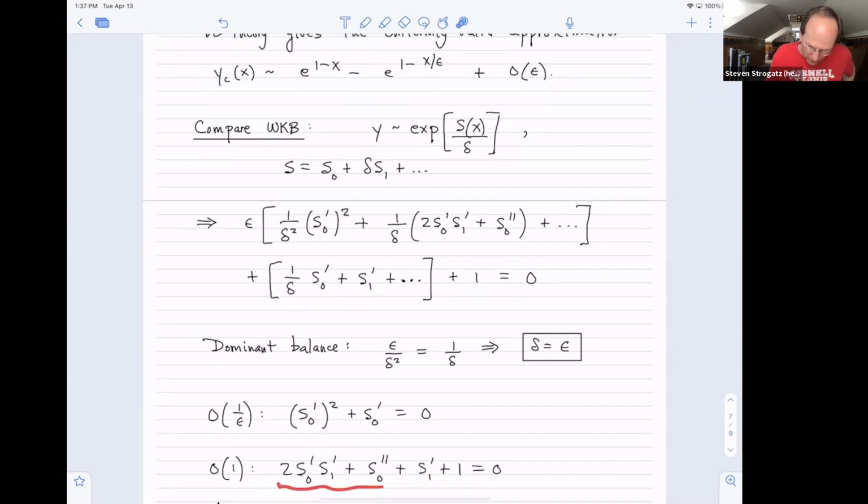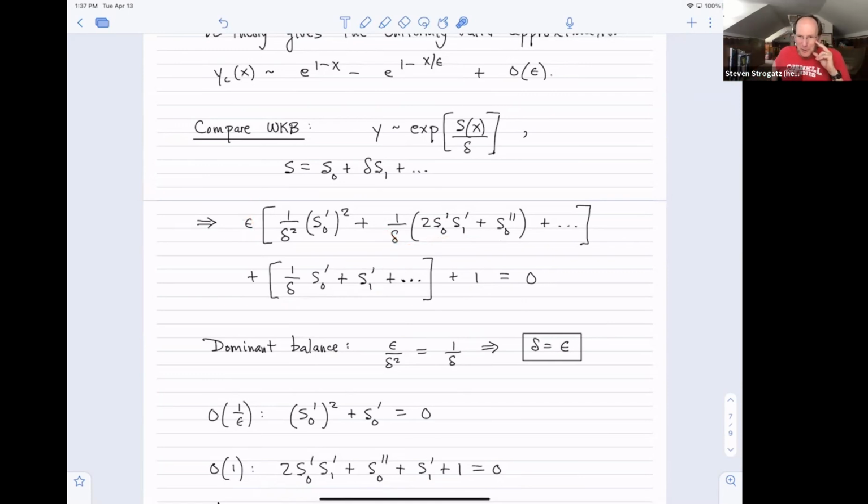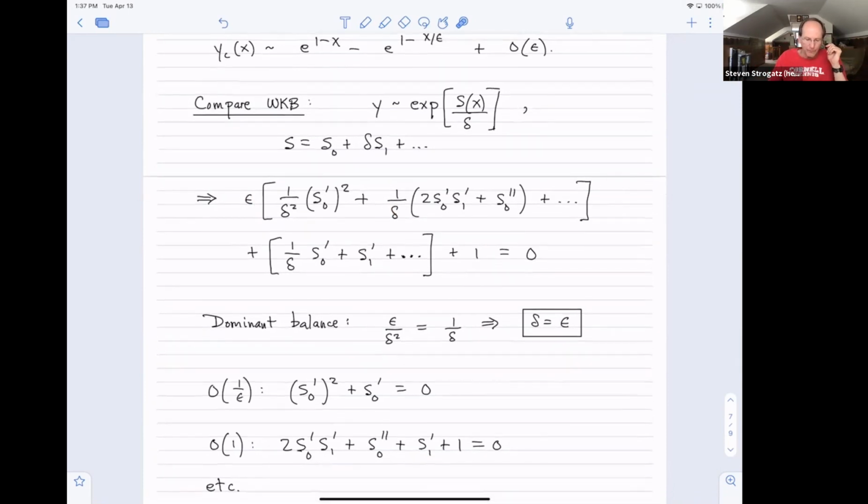Whereas these two terms are the ones appearing here with their delta having canceled with that epsilon. So you can see why I wanted to write this out ahead of time. It's easier to just draw with a laser than to have to write everything down. Anyway, so that's my order 1 equation. And then if I wanted to, I could do order epsilon, but I don't need it.